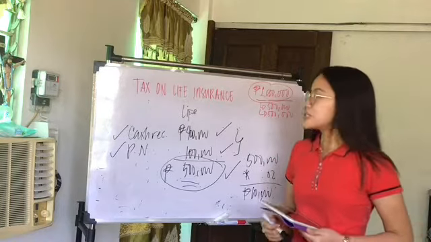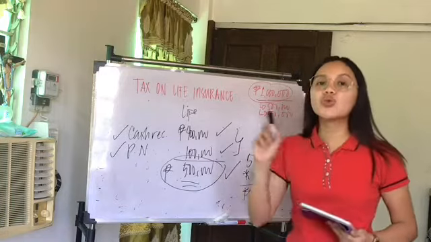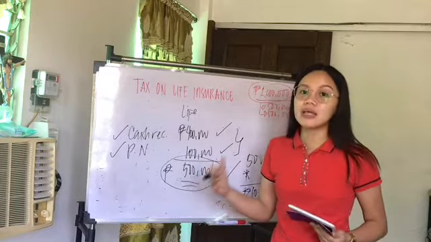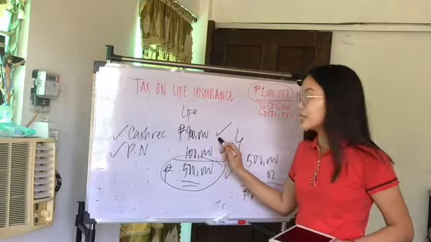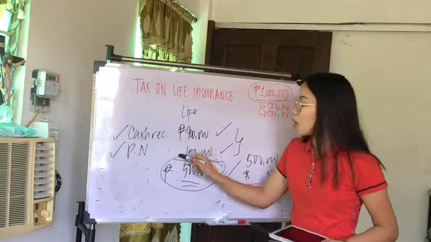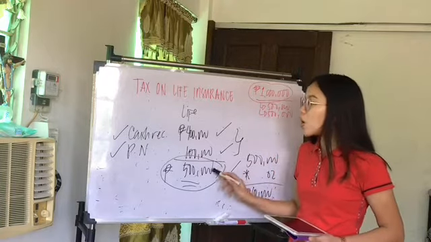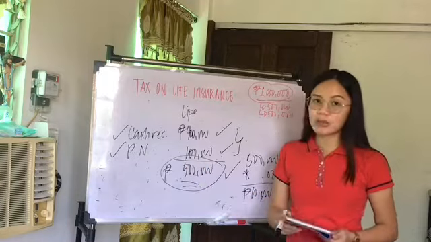The question is, how much is the tax base for this? Where do we apply the 2%, or what amount do we need to solve the 2%? Is it 400,000 only? Does tax law consider only the cash received? Or is it 100,000 only, the credit only? Or will it be the combination of the 2, which is 500,000 pesos?